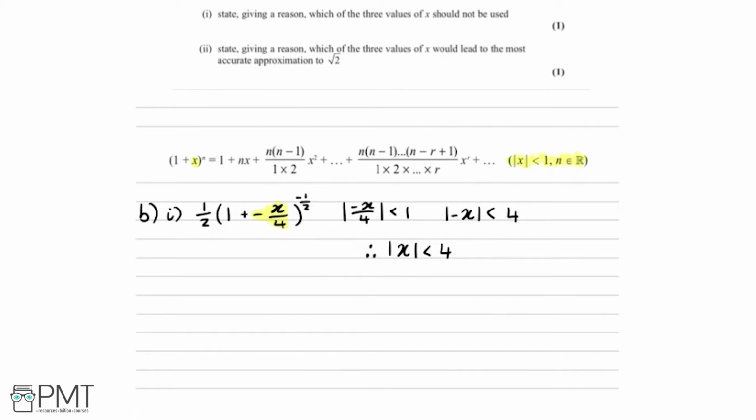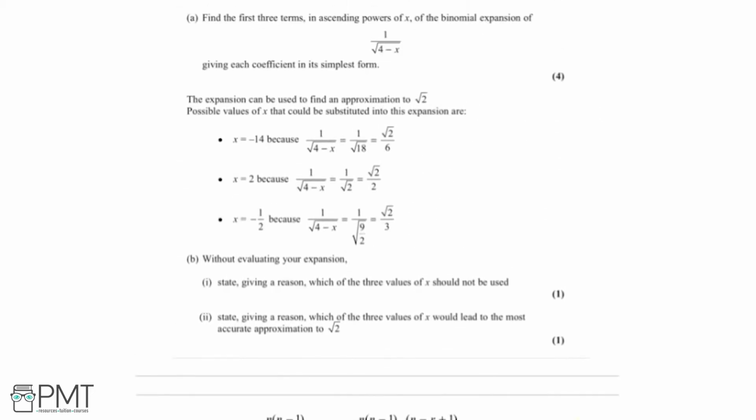Okay, great. So now we've worked out that condition here. We need to look back up at what they said in the question of which of these aren't valid. But if we think about it, if the modulus of x equals 2, well, that's just 2, and that is less than 4. Okay, so that's okay. The modulus of x equals minus a half. Okay, so the modulus of minus a half is a half. Half is less than 4, so that's okay. The modulus of x equals minus 14.